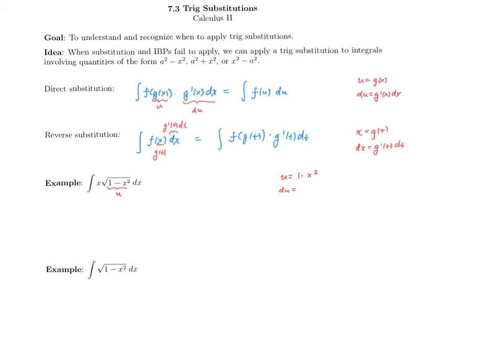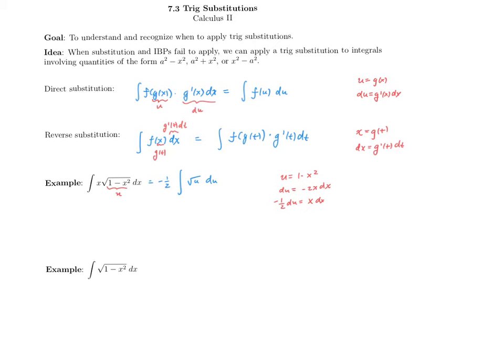So du is minus 2x dx, or minus 1/2 du is x dx. So we can immediately rewrite this integrand solely in terms of u. The x dx becomes minus 1/2 du. So we'll pull the constant out front, and what we're integrating is the square root of u.